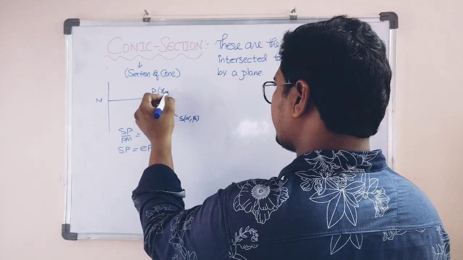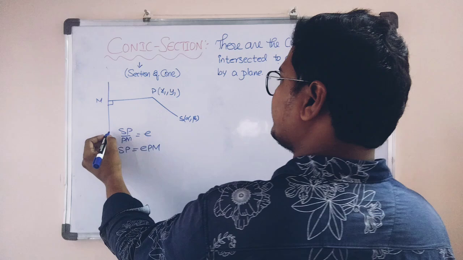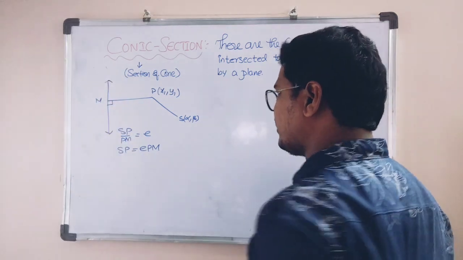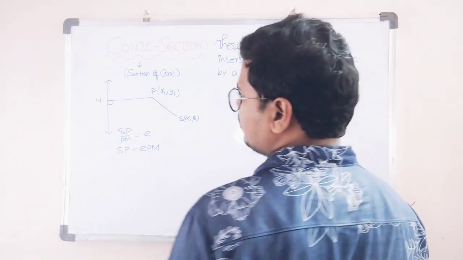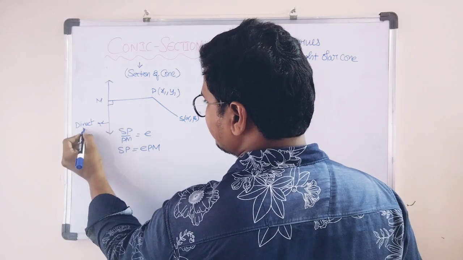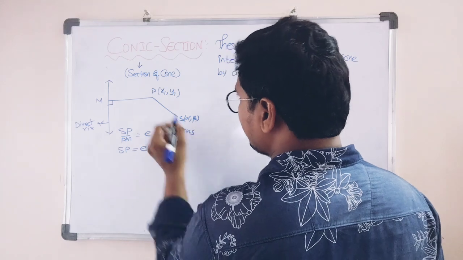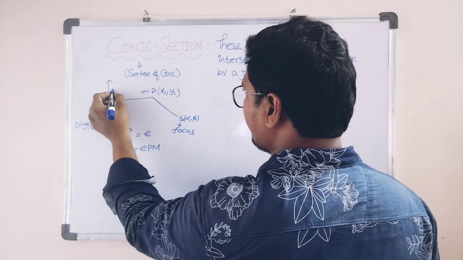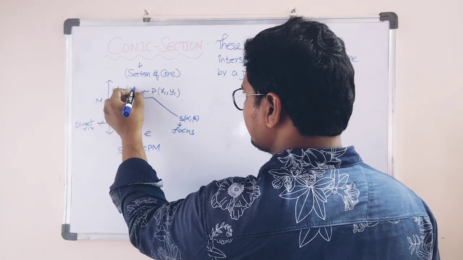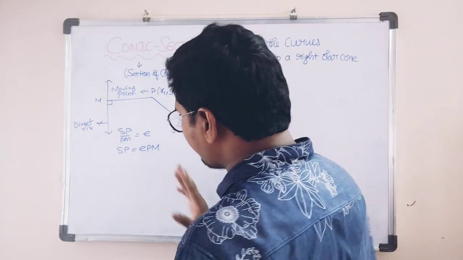P is a moving point (x1, y1). M is the projection of P onto a fixed line, which is none other than the directrix. We call S the focus, and P is treated as a moving point. Alright, SP by PM is equal to e.